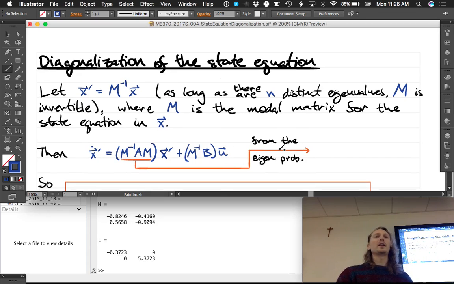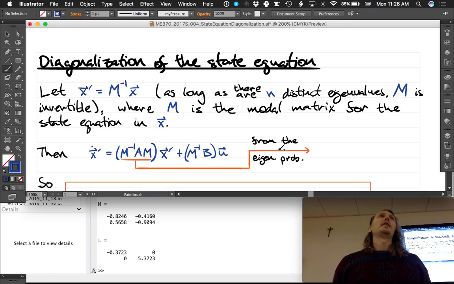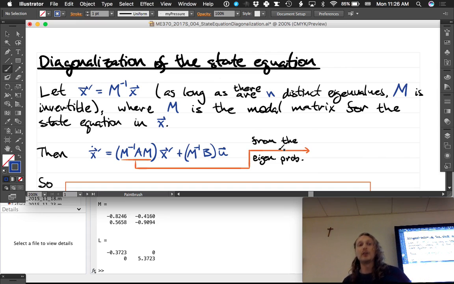Okay, now we're going to use this. I just defined what lambda and M were, but now I'm going to use M as my transformation matrix. It's not immediately obvious why I'm using M, but it'll become obvious in the end. I hope it's obvious. It's kind of cool. So let x prime equal M inverse x.